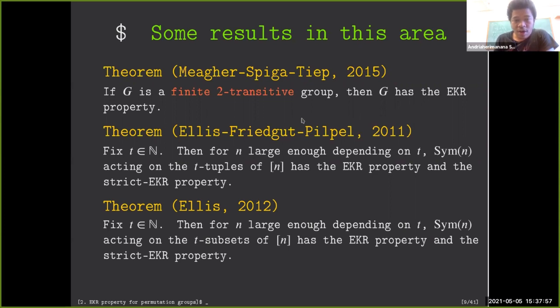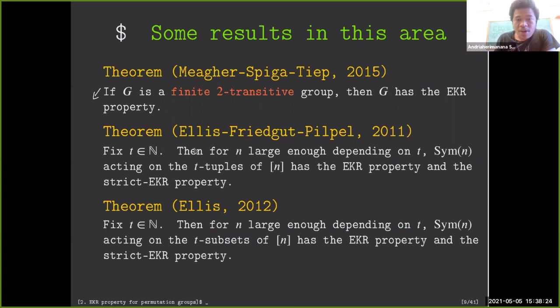I think Karen also talked about how two-transitive groups have the EKR property on Monday. The proof of this theorem uses arguments relying on the classification of finite simple groups. And the next two theorems are asymptotic results.